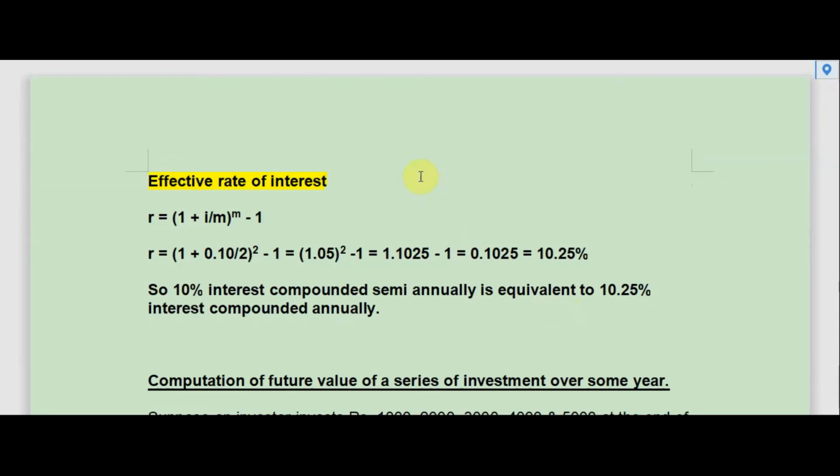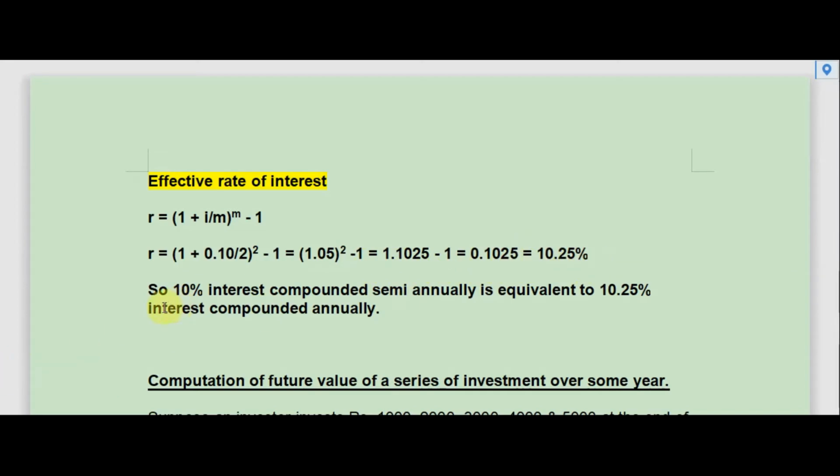Now let us calculate the effective rate of interest. We know the formula of effective rate of interest: R equals (1 plus i divided by m) whole to the power m, minus 1. R equals (1 plus 0.10 divided by 2) whole to the power 2 minus 1, equals 1.05 square minus 1, equals 1.1025 minus 1, equals 0.1025 or 10.25%.